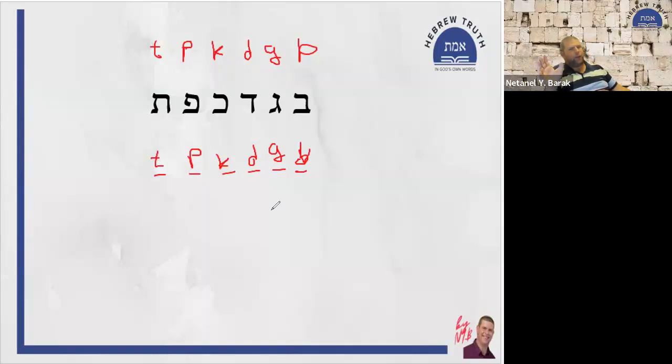But I did not say when that happened. We only know that by the 8th, 9th century, this is represented by the system of the Nikud and Te'amim that we see in the Masoretic text.